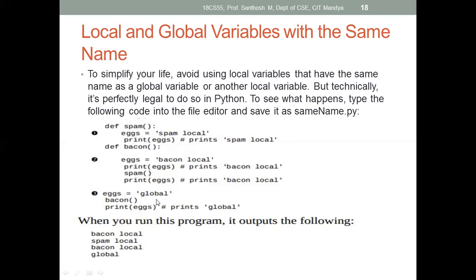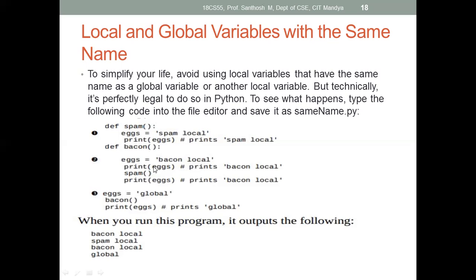Next, x is equal to global. Then if you call the bacon function and print x, it will print global. After calling the bacon function, the values get executed but not printed. And then if you call print x, it will print global.